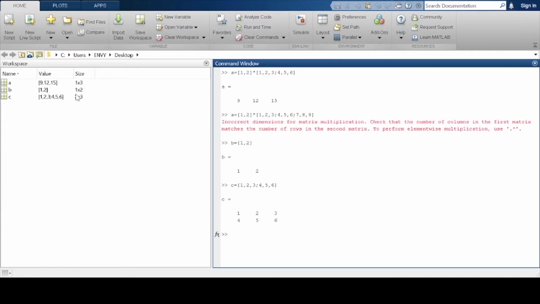So the number of columns or entries in the first matrix or vector should equal the number of rows in the second with which you are multiplying. So this should always be satisfied, or else it would show an error message saying incorrect dimensions.